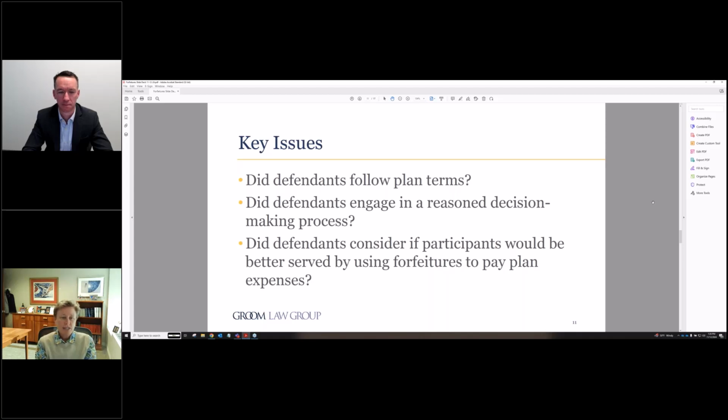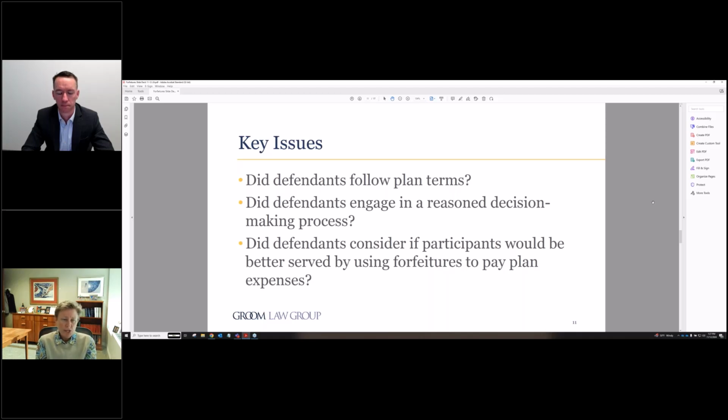But there's not a lot of documentation around that. And so it can be hard to show a reasoned decision-making process around the use of forfeitures because people are moving very quickly and there's a lot going on. And often these are not materially financial decisions to the company.